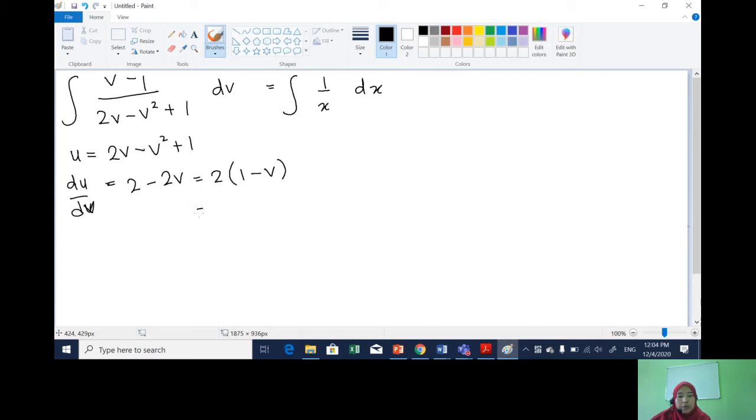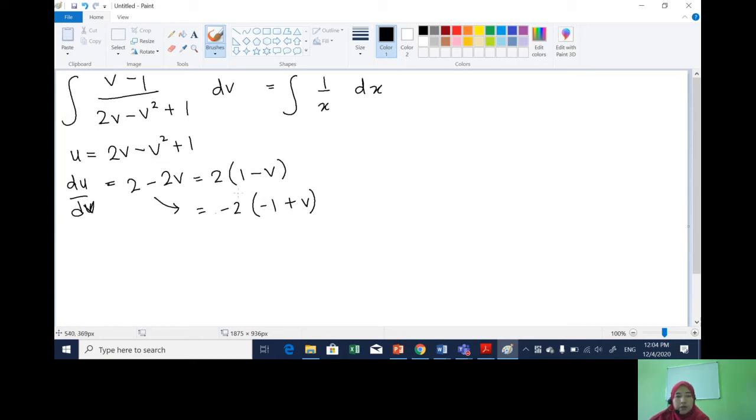We can write it like this also: factorize and take out negative 2. When we take out negative 2, here we have negative 1 plus v, correct?